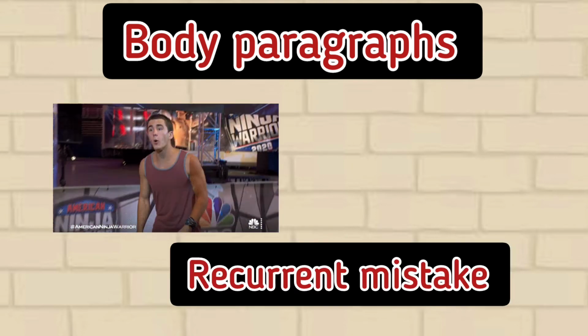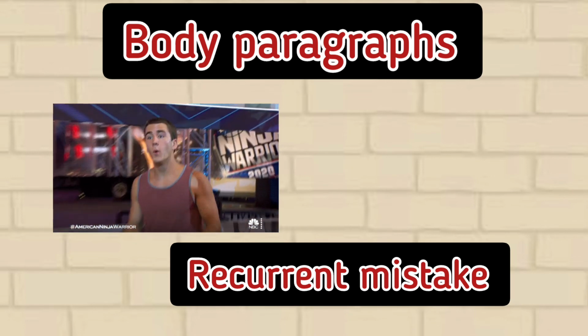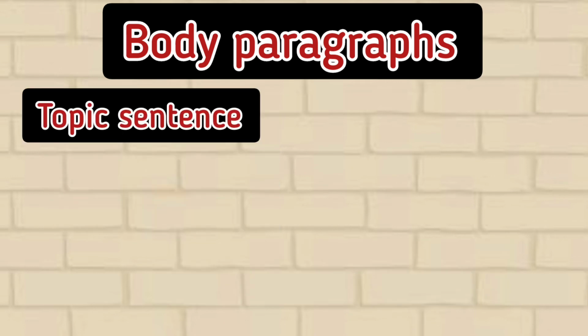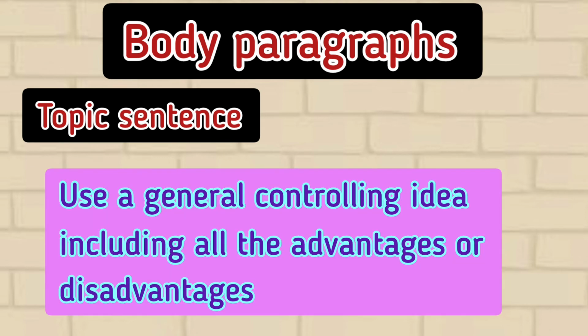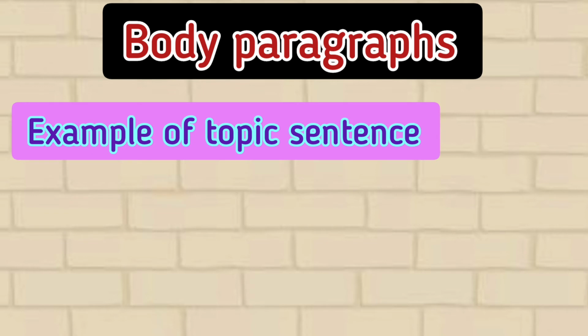In the body paragraphs, this is something that has been repeated along these years concerning mistakes. In the topic sentence of the body paragraphs, you are going to use a general controlling idea including all the advantages or disadvantages, okay? So, for example, remember what we said about the thesis statement of online classes. We say there are as many advantages as disadvantages when analyzing online classes.